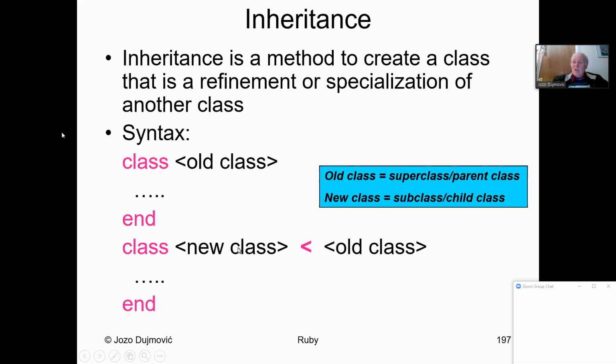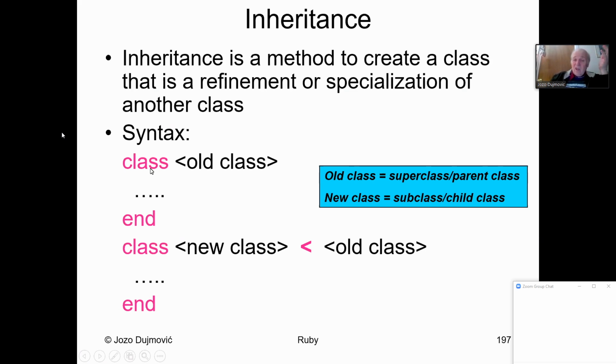The new class is called subclass or child class. So this child, new class, inherits from old class, which is the parent. So when you create a new class that inherits from the parent, here is the parent class. And this is the inheritance symbol, which is, by the way, identical to inheritance in C++. You remember that it was also with this symbol here. So you inherit from the previous class.